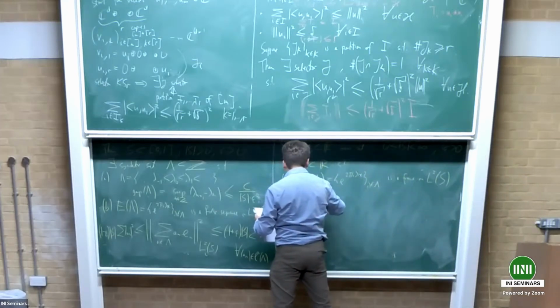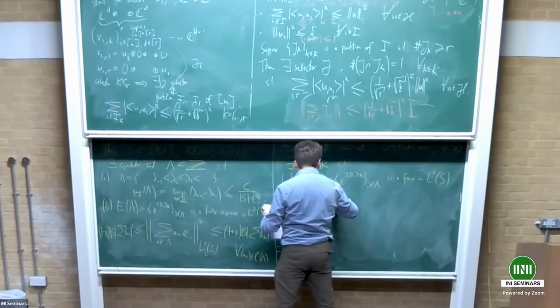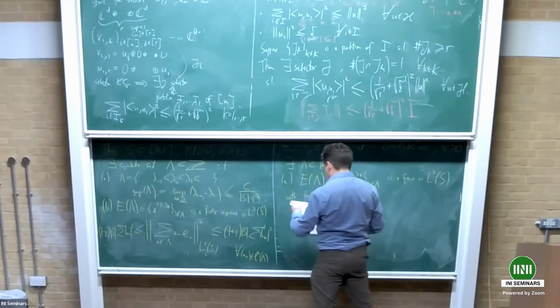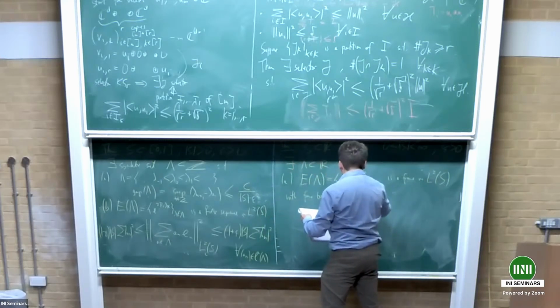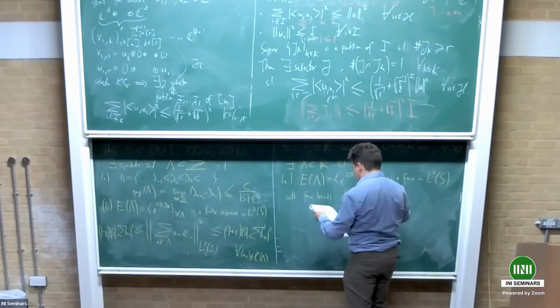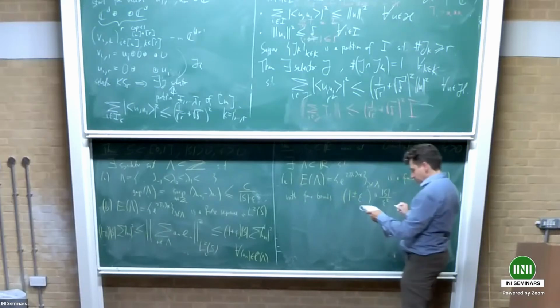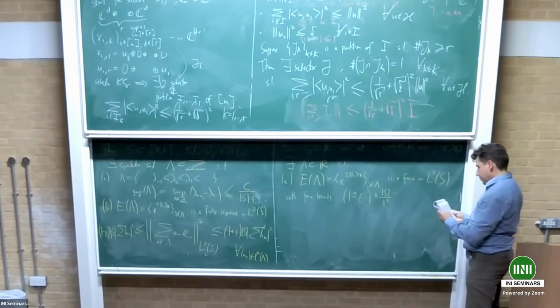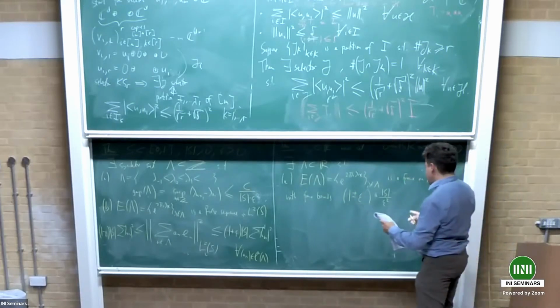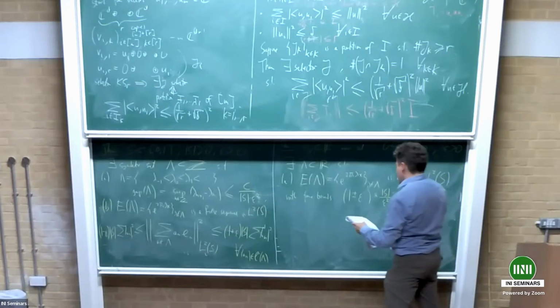So frame bounds that are actually 1 plus or minus epsilon. There is a constant A, which, I mean, that's the measure of S over epsilon squared, I think that's what it is.